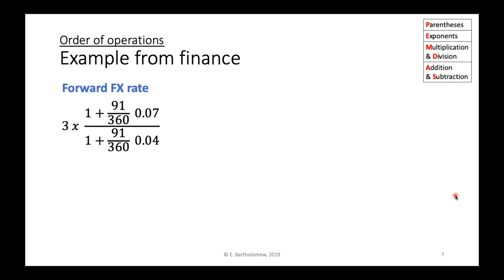So now let's go on to a more complex problem, one that we might find in finance. And this is actually an expression that represents the forward FX rate. Now, if you don't know what this forward FX rate is or what this calculation is doing precisely, that's fine.